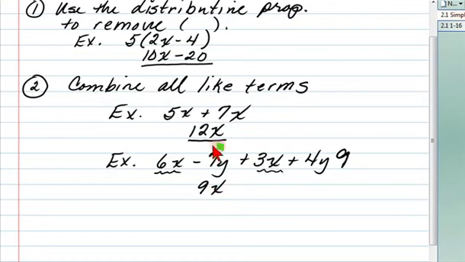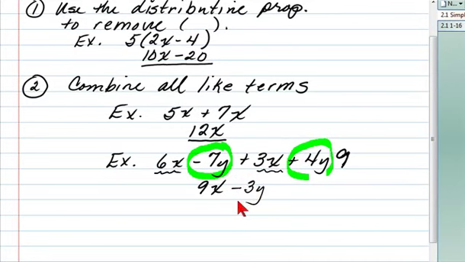The negative 7y and the positive 4y are like terms. I can add those. One's negative, one's positive. What do I do when their signs are different? You subtract and keep the sign of the one with the greater. So that will be negative 3y.